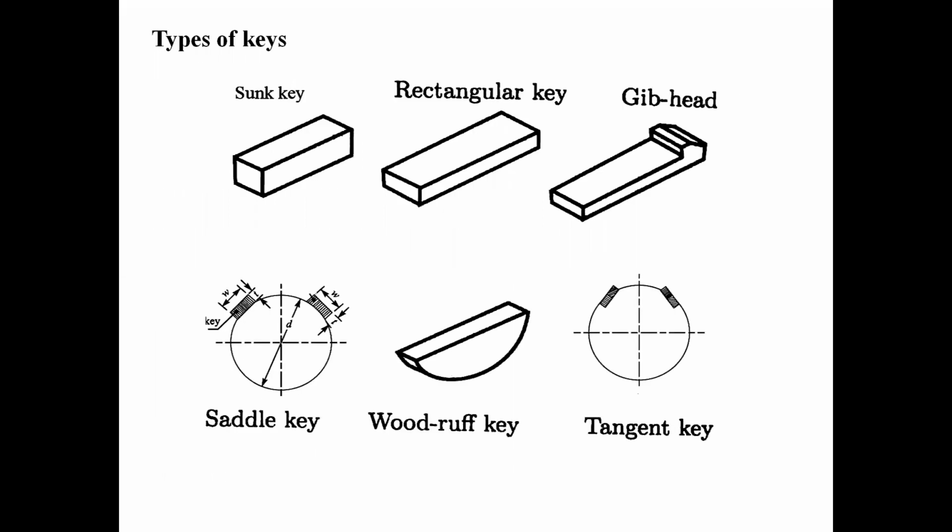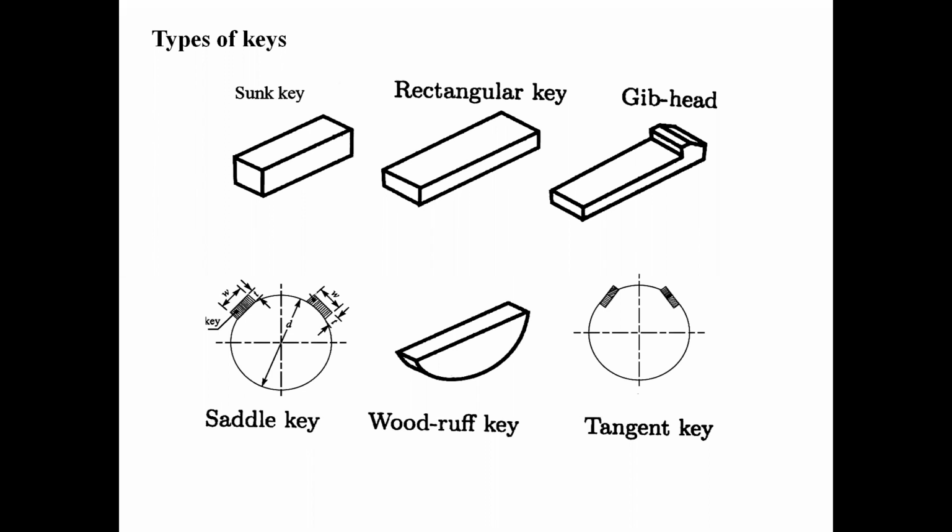So look at this picture. You'll find that all these keys have almost square or rectangular cross section. Depending on the application, the shape and size of these keys change. Woodruff key has a somewhat different kind of cross section.